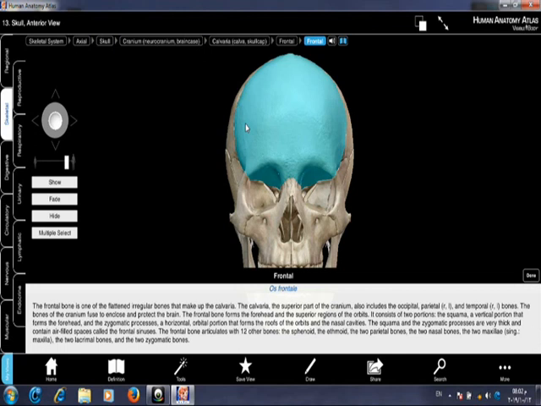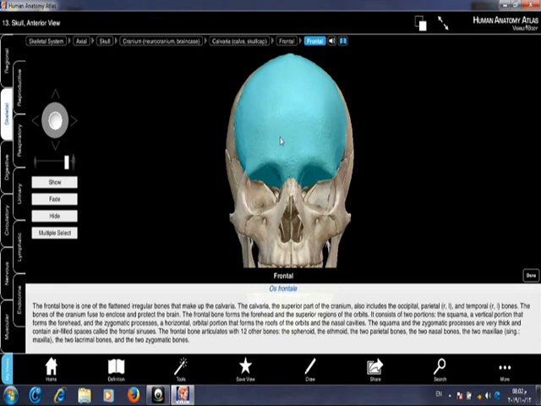The frontal bone forms the forehead, which is here. From the forehead and the superior regions of the orbits, it consists of two portions. The squama is a vertical portion that contains air-filled spaces called the frontal sinuses.